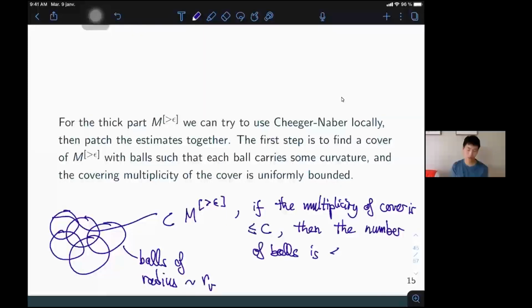Then the number of balls in this cover will have to be bounded by a constant times the total L2 norm. So in other words, this is what we want. And once we have that, we need to say, well, in each ball of radius RV, the non-collapsing scale, you can apply Cheeger-Naber.